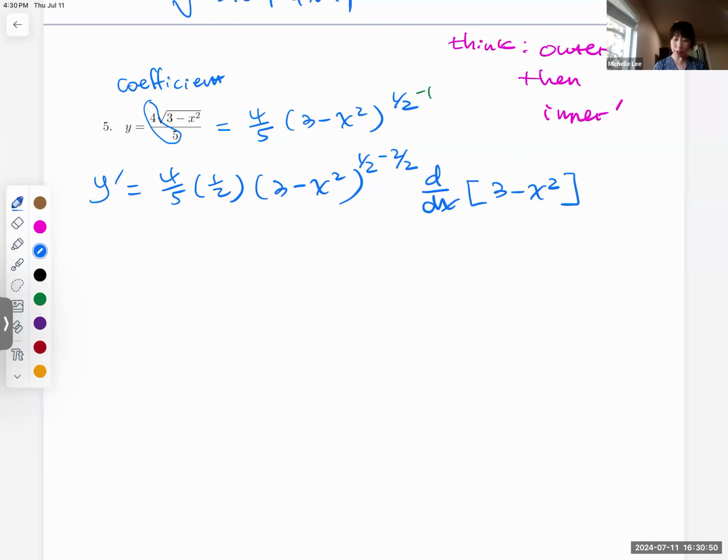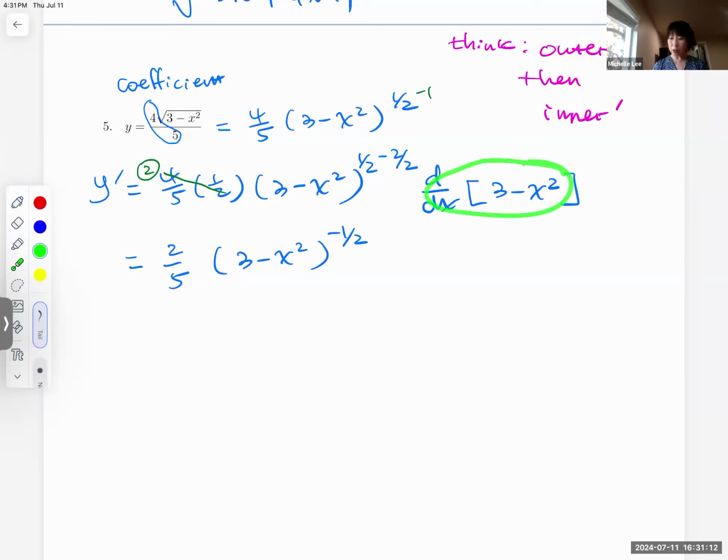Okay, then we get, look, 2 goes to 4 twice. We had the experience earlier, right? So we have a 2 over 5. 3 minus x squared to the negative 1/2.